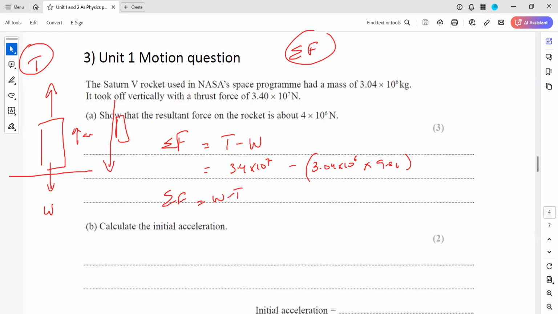Or if the thrust, the force from the engine, is also acting down together with the weight, the resultant force will be weight plus the thrust. Because the rocket is launched, the force of the engine will be more than the weight, so that the rocket can propel.